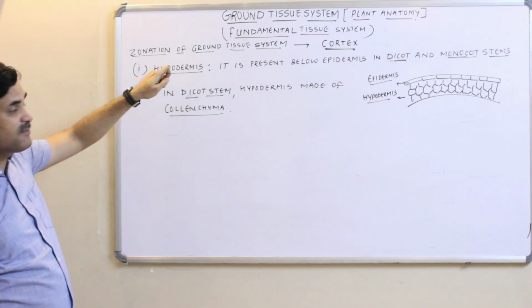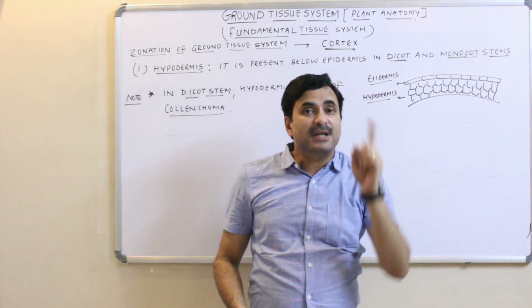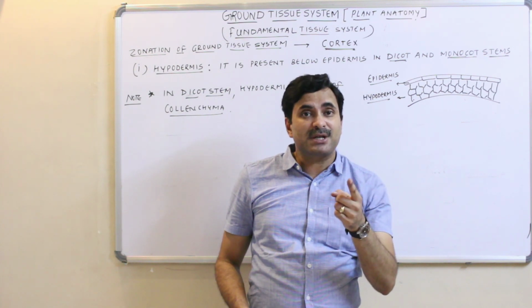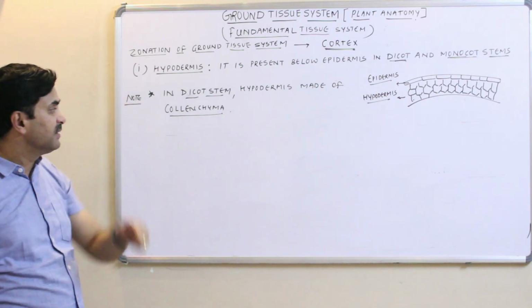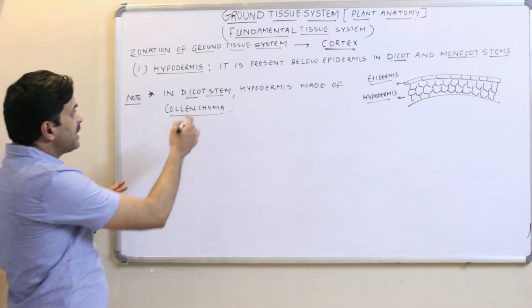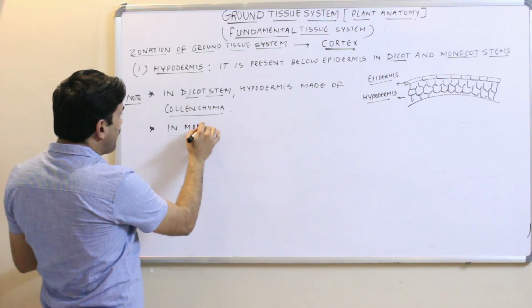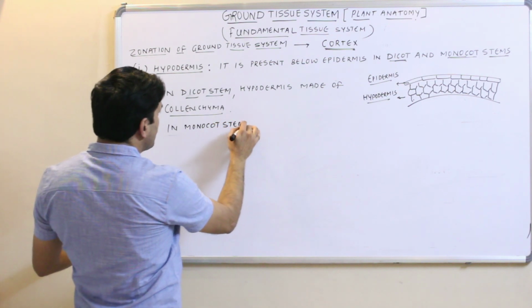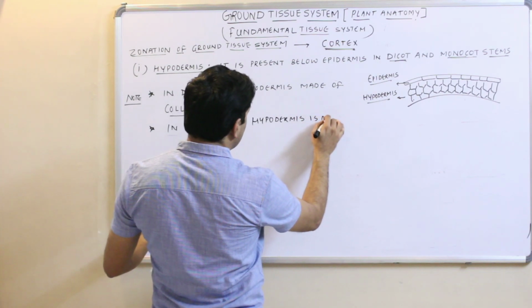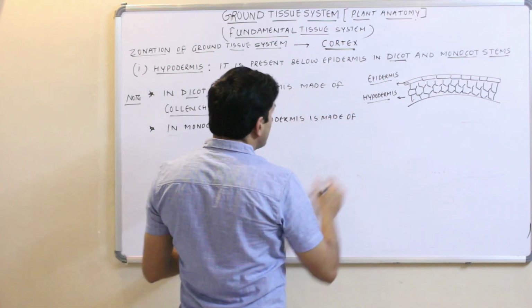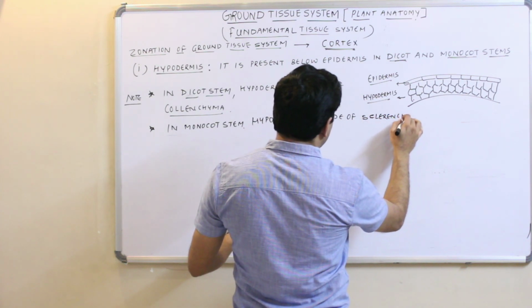Remember, all these things will be playing a very important role when we will be studying the internal structure of the dicot stem, monocot stem, dicot root, monocot root, and dicot leaf and monocot leaf. So just kindly concentrate here. In dicot stem, hypodermis is made of collenchyma. In monocot stem, hypodermis is made of sclerenchyma.